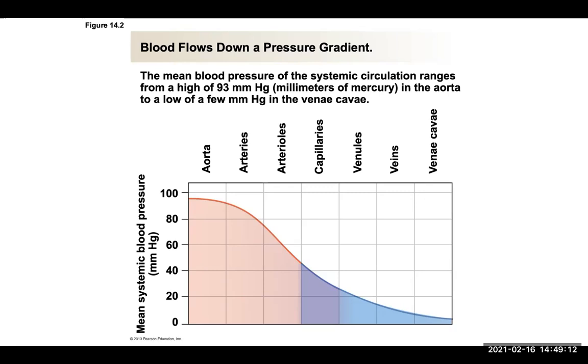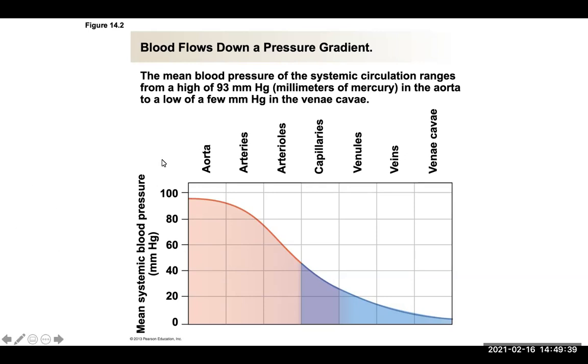So as blood flows through the system, pressure is going to be lost, as you see here, because of a couple different things. So friction is the major one, between the fluid and the blood vessel walls. So as the blood travels through the tubes or your vessels, when it interacts with the vessel walls, the friction is going to slow it down and lose pressure. Pressure drops continuously as you move away from the heart.